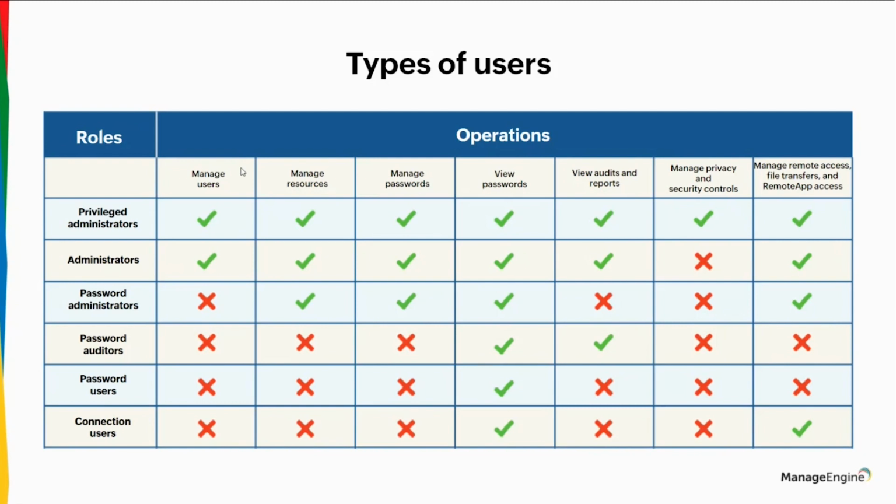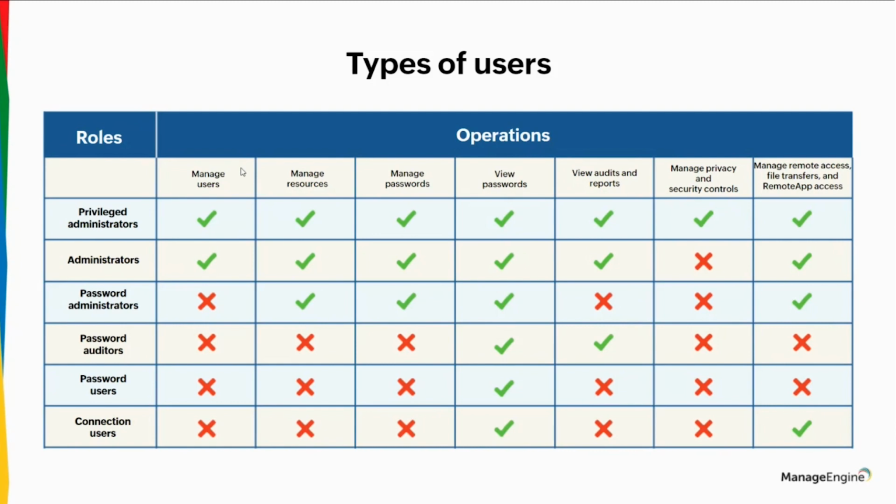With this particular role, the user will be able to just view the password which has been shared with him, and he can just view the audits and the reports which are available on the application, using which he can do the complete auditing work and log out of the system.